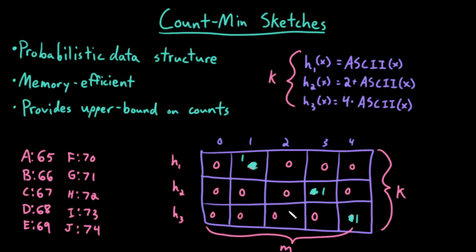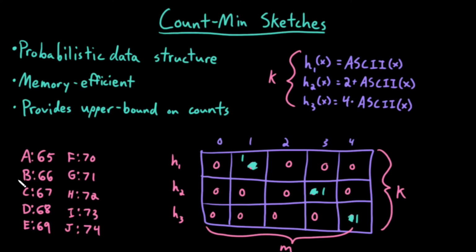To retrieve the count, or at least an estimate of the count, of a given element, what you would do is also compute all of your k hash values, go to the corresponding elements in their respective rows, and take the minimum of those k counts. That is an upper bound on your true count.